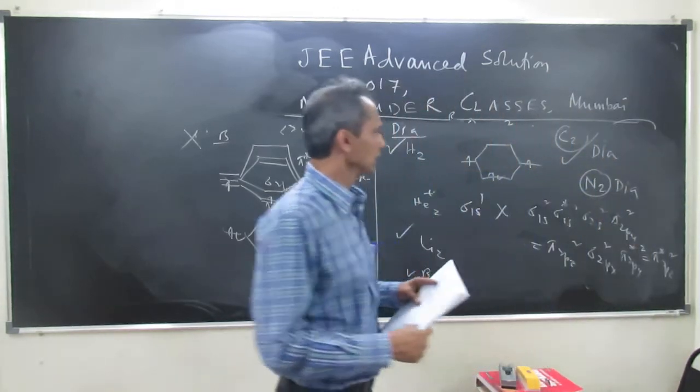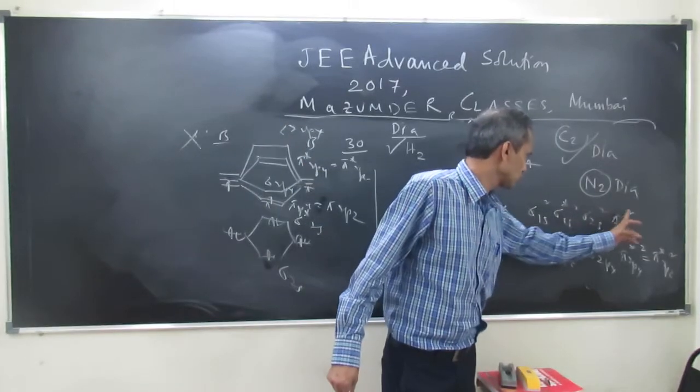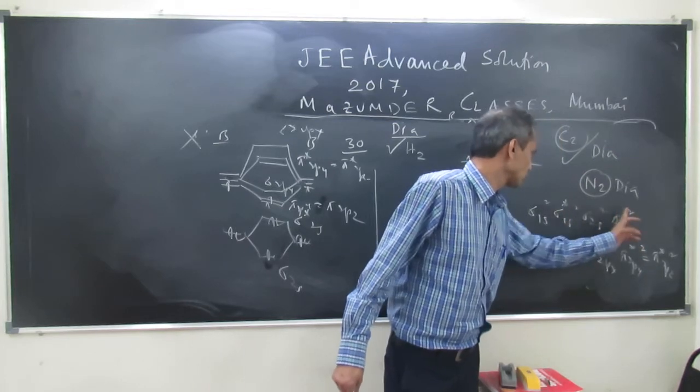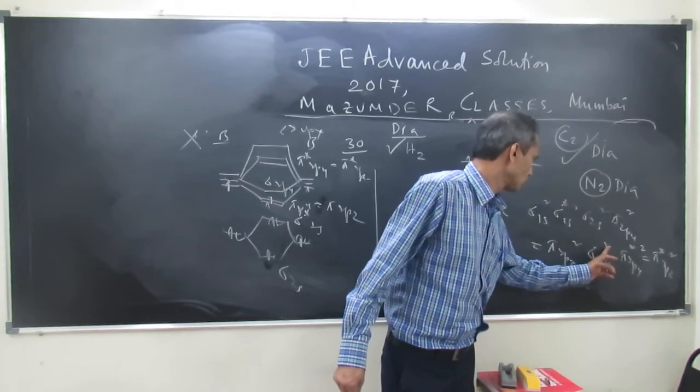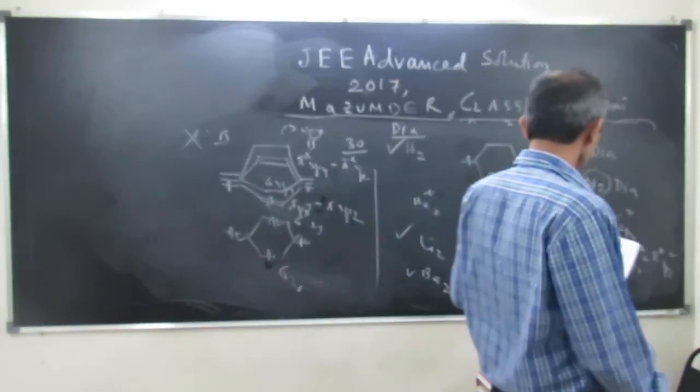So in total, nitrogen has 7 electrons, so a total of 14.